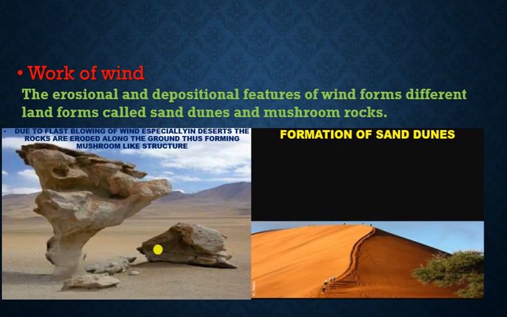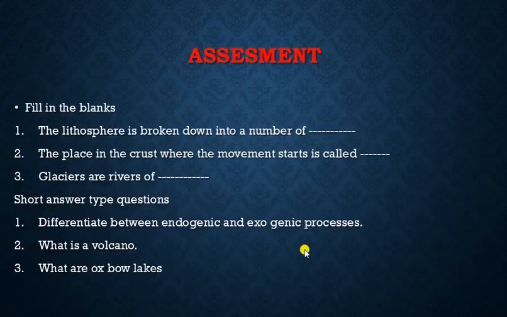Due to fast blowing wind, especially in deserts, the rocks are eroded along the ground, thus forming mushroom-like structures, which we can see here in this picture. And big mountains of sand are created when there is a decrease in the speed of wind along the wind breaking forces. Those are called sand dunes. What we see here as sand dunes.